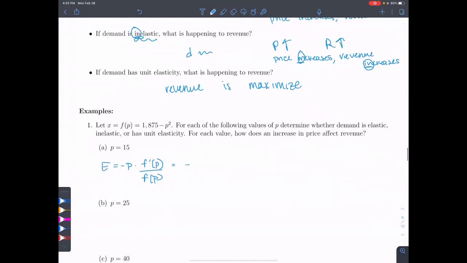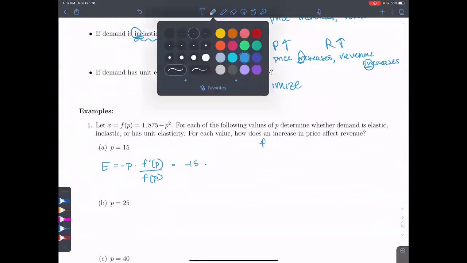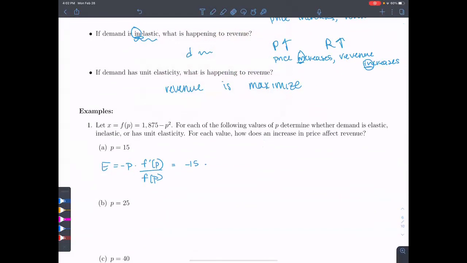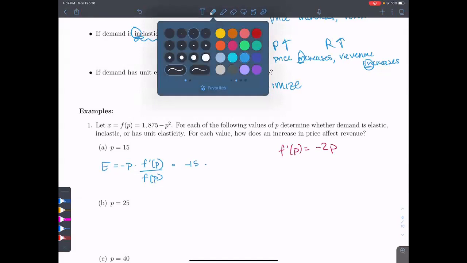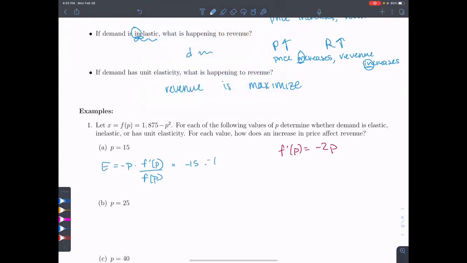So here that would be negative 15 times F prime of P. I'm going to do this in a different color up here so we can see it. All right, so F prime of P is negative 2P.